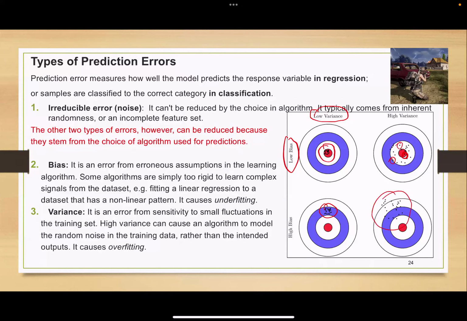And then this is the worst situation, where you are poor at shooting, and you also have a high variance. So usually we want the performance like this, okay? So that's why we need the balance between the bias and variance.